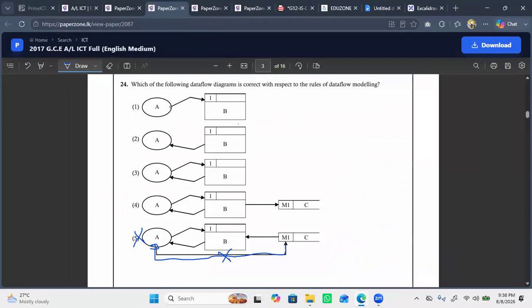But think like this. An external entity is giving something to the process. Usually, when we give something to a process, we expect something back. Therefore, this is incomplete. It's not wrong, it's incomplete. When we give something to the system, the system should give something back.